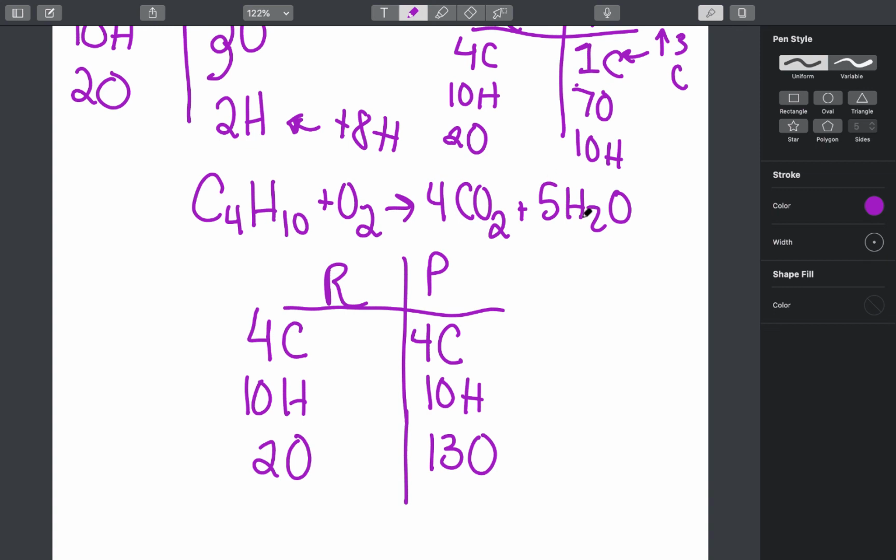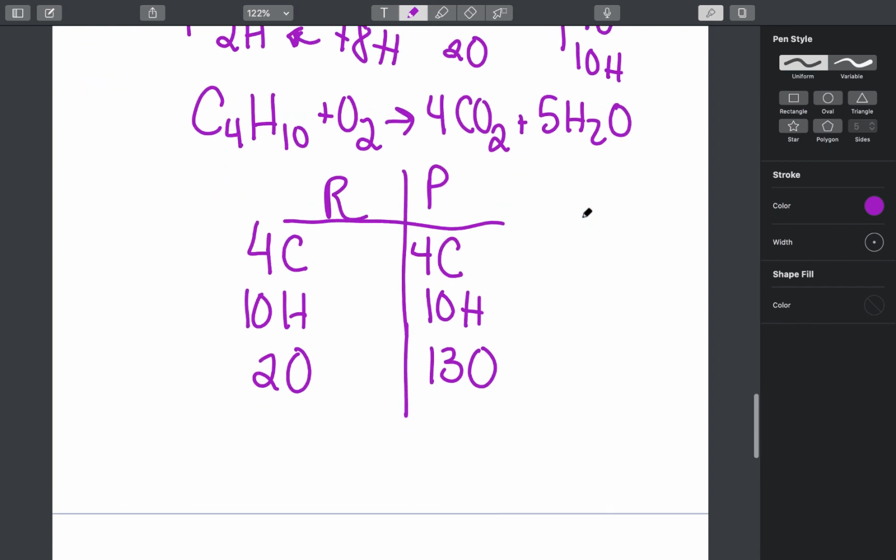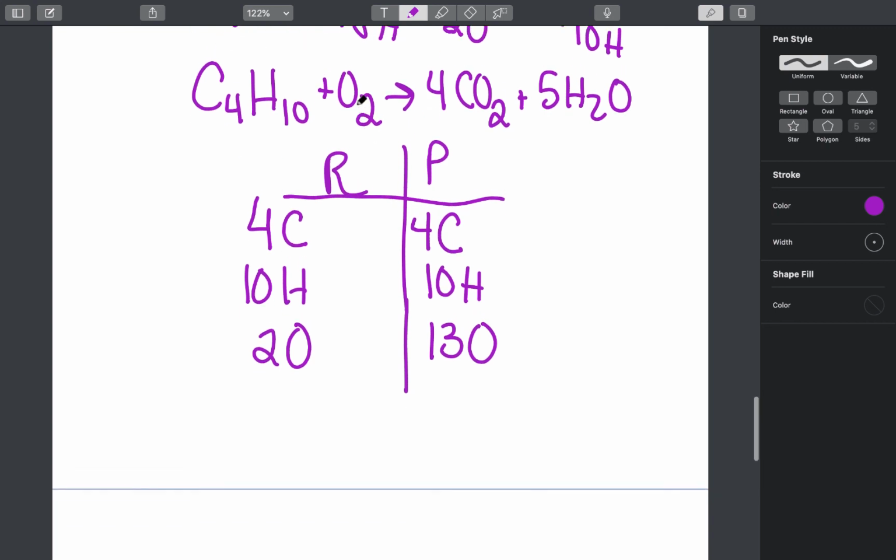So now how do we get 13 oxygens on this side? Well, you can actually multiply this by 7.5. So C4H10 plus 6.5, not 7.5, plus 6.5 O2.